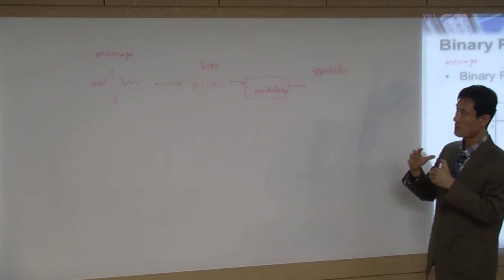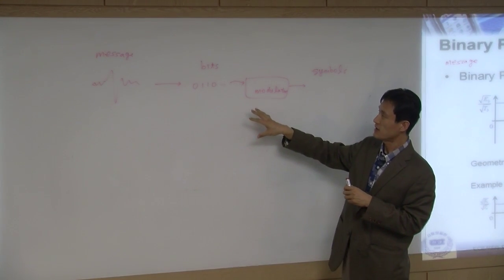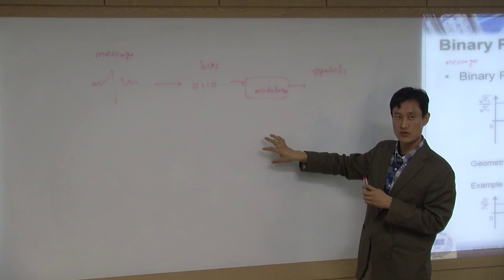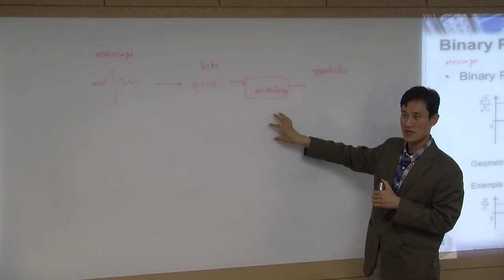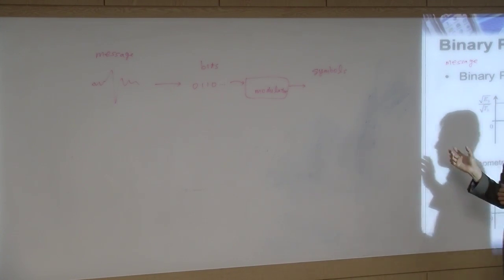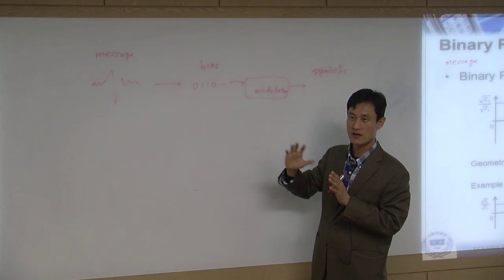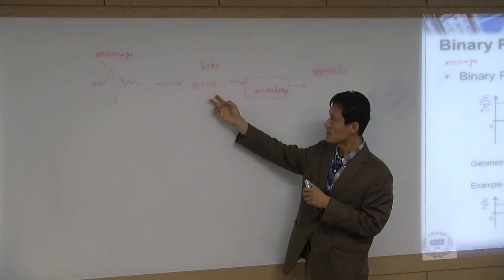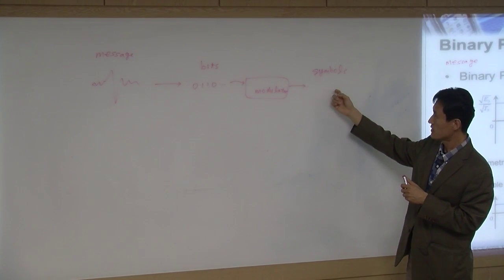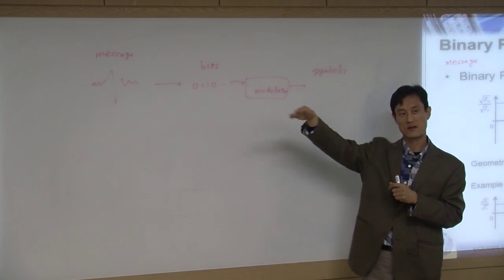That is part of modulation. Inside the modulator, depending on what modulation you use, sometimes BPSK modulation, QPSK modulation, there are many different modulations, you have a different mapping. But anyway, bits are now converted to symbols, and these symbols are now transmitted over the air.